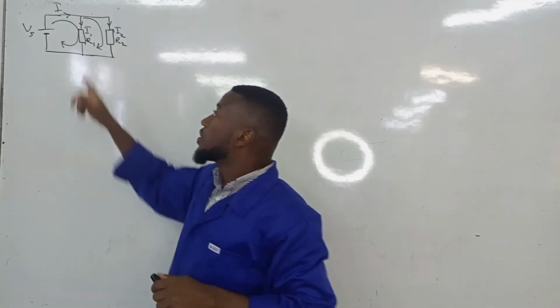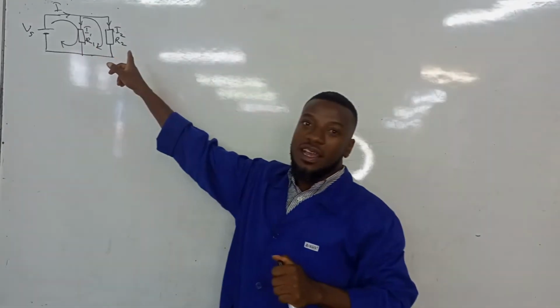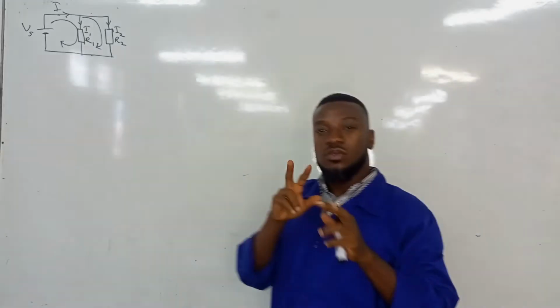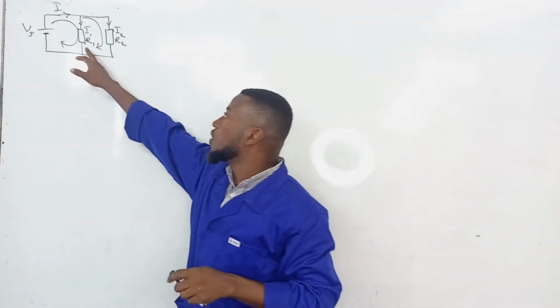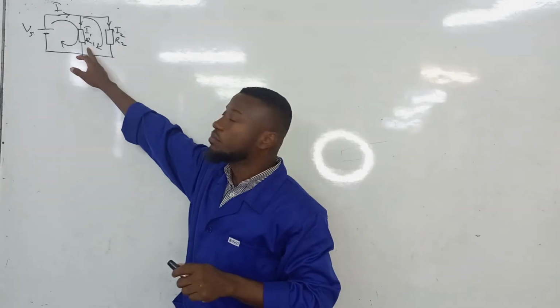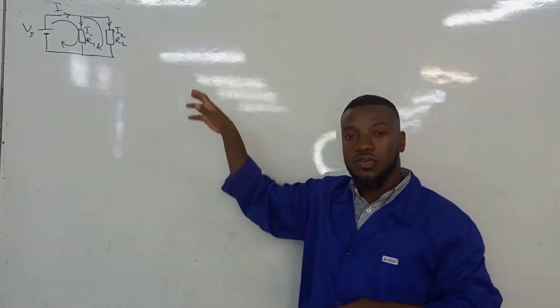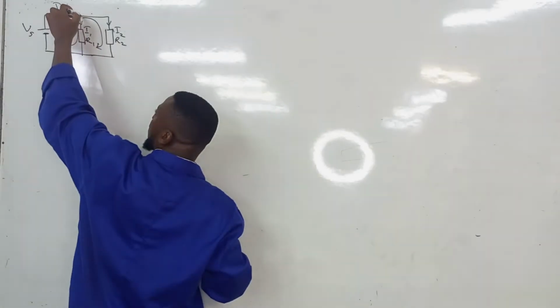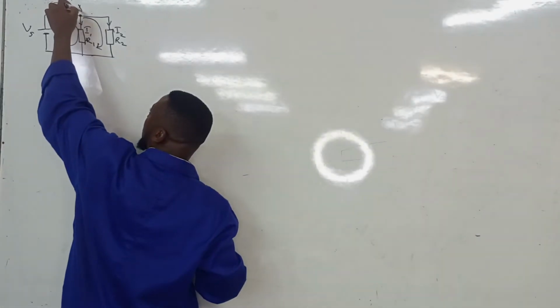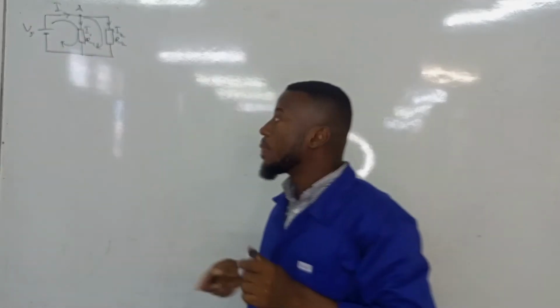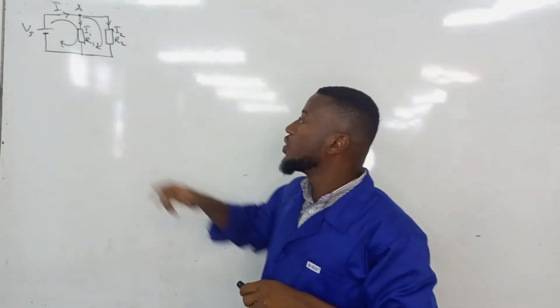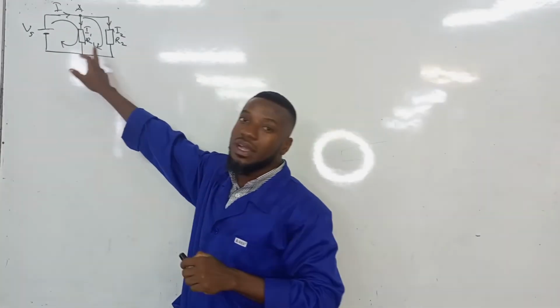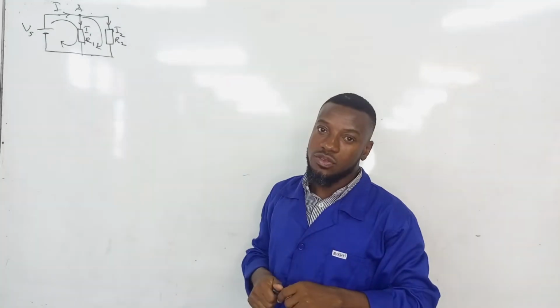Considering R1 and R2, you see that there are two currents that will flow through R1 and R2. Both have individual currents because it's a parallel circuit. When the currents get to this junction, let's say A, the current will split. So we have current flowing through R1 different from the current flowing through R2.